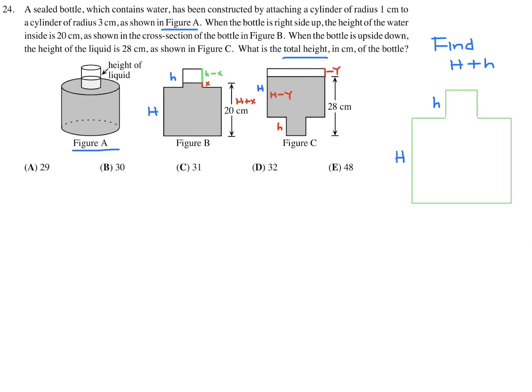All right, great. So now that we labeled our diagram, let's calculate the volumes. Figure B, figure C. Volume of figure B is pi r squared times height for the big part plus pi r squared times height for the little part. And what are the two parts?